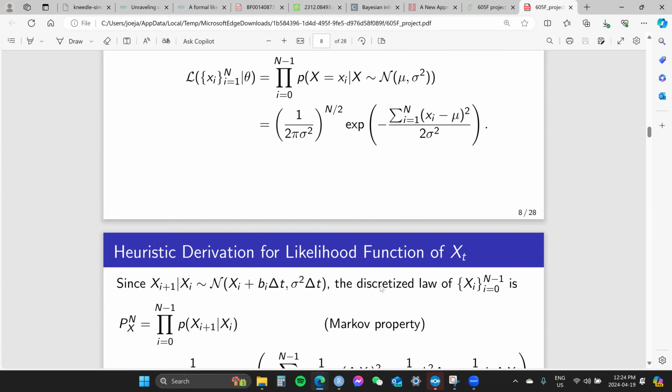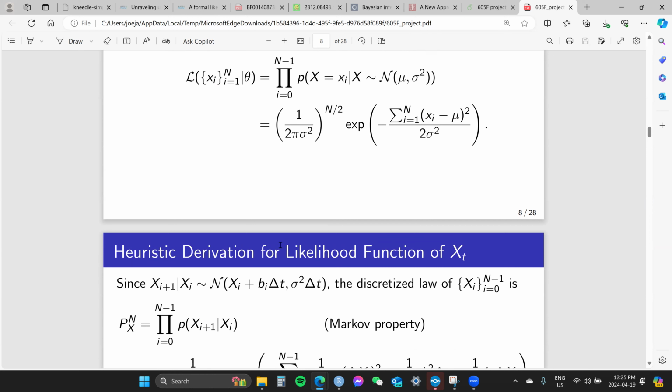What we notice is that this conditional distribution is always normal. This is because in the special case of an OU process where we have additive noise, it's always a Gaussian process. So this is exactly normal in this simpler case.